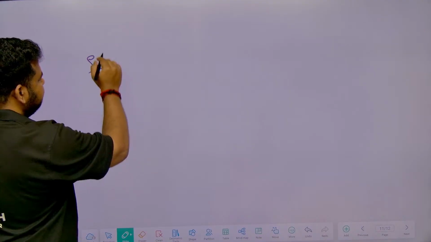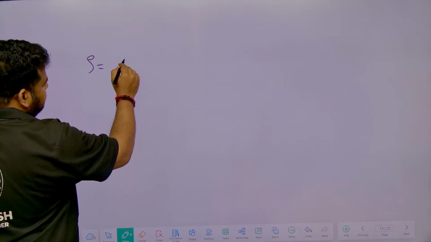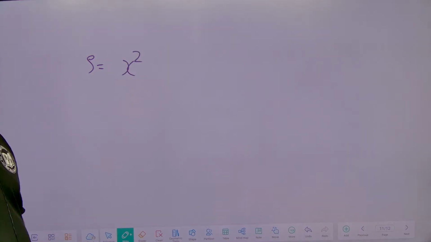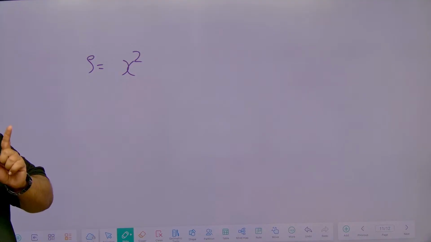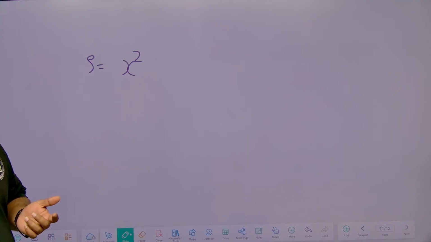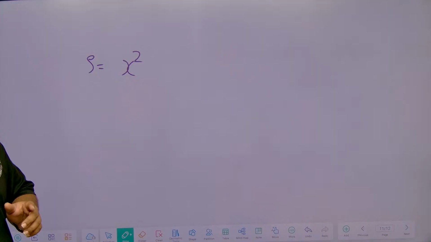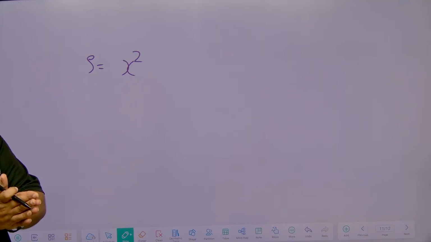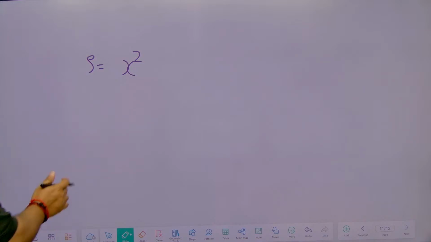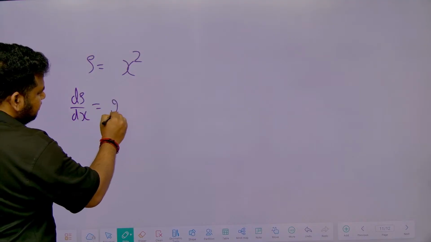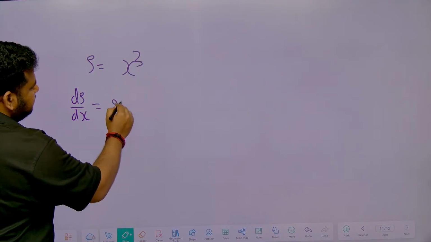If it is given like this, and they ask you to find velocity, means you have to differentiate one time, because velocity is what? Change in distance over time. Initial distance, final distance, that difference over time. So, what you will do? ds by dx, you will get it as what? Let me take it as 3. You will get it as what?